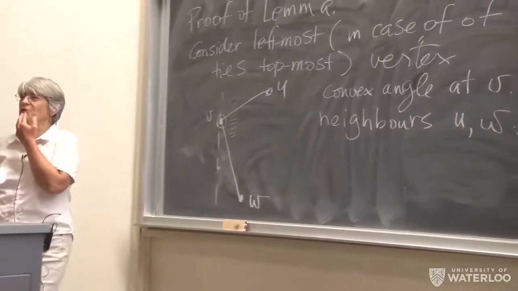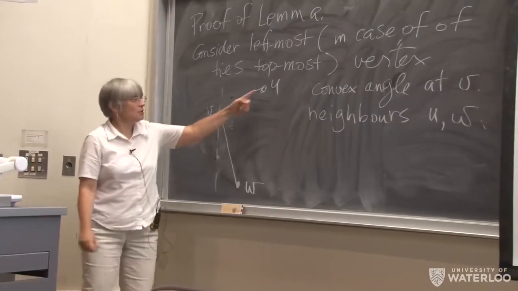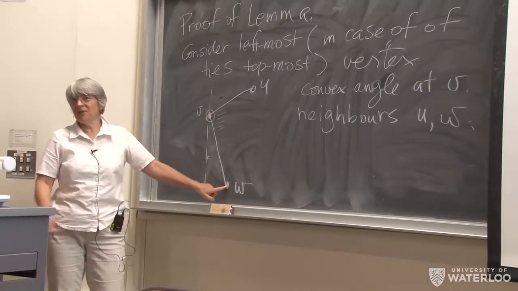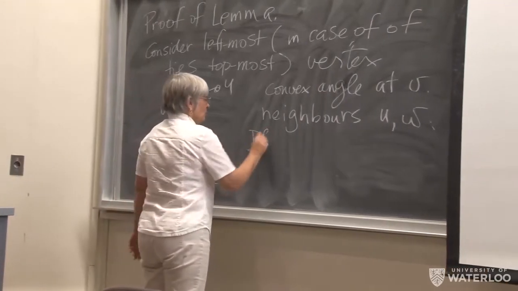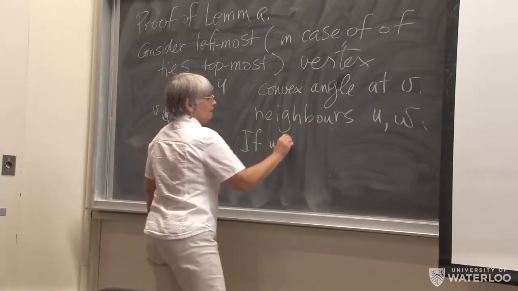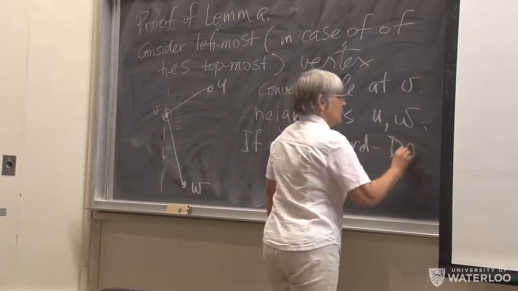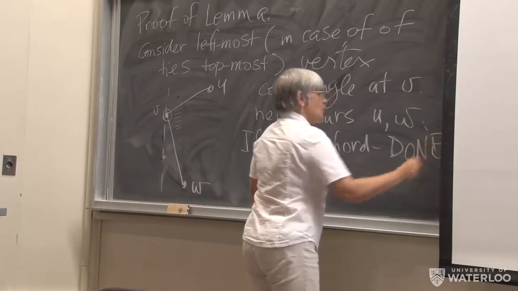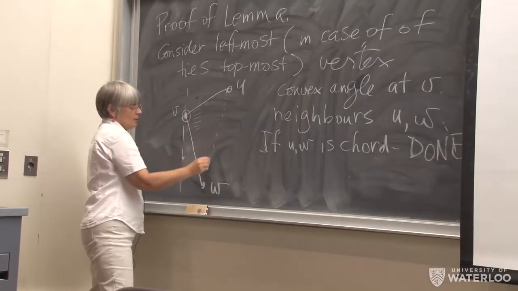Now, what shall we try for our chord? The obvious thing is to try UW. And if that's a chord, we're done, right? So if UW is a chord, we're done.